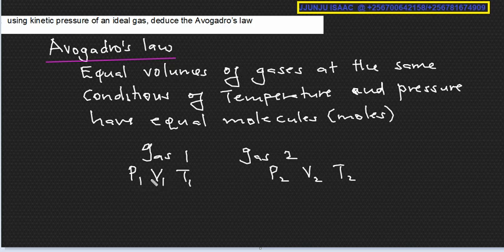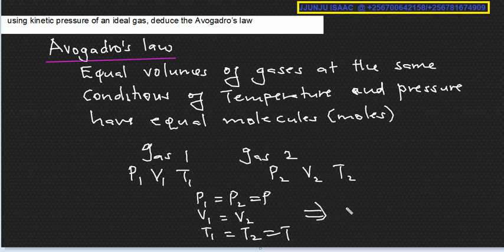So if P1 is equal to P2 is equal to P, that is a constant, and V1 is equal to V2, and also T1 is equal to T2 is equal to T, then this implies that the number of moles or the number of molecules N1 will be equal to N2. So our target is to deduce this expression when we have the same volume of gases, while maintaining the pressure and temperature constant.